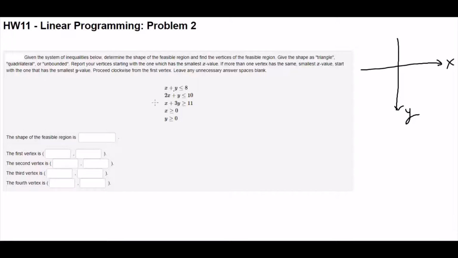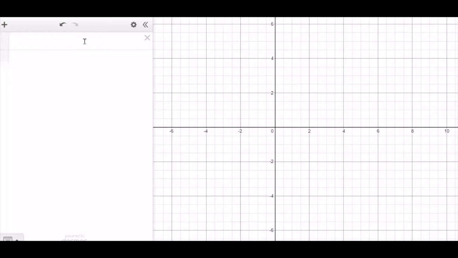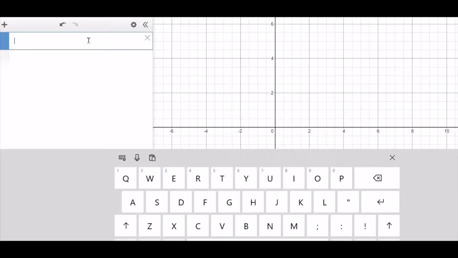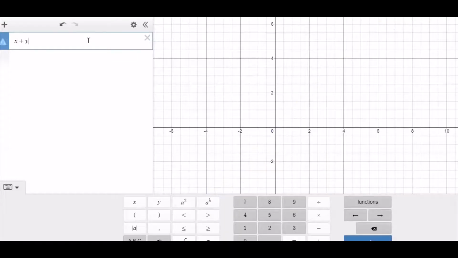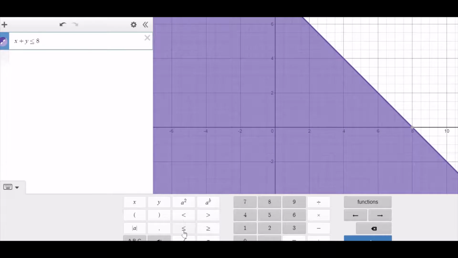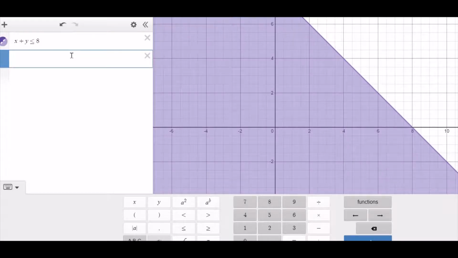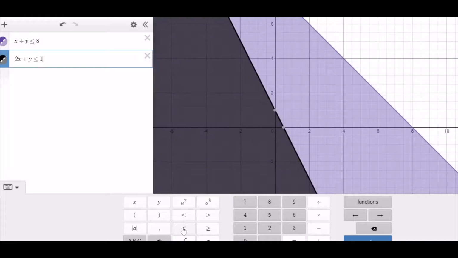So our constraints are these. So let me graph them on the graphing utility. Our first constraint is x plus y is less than or equal to 8. And our second constraint is 2x plus y is less than or equal to 10.